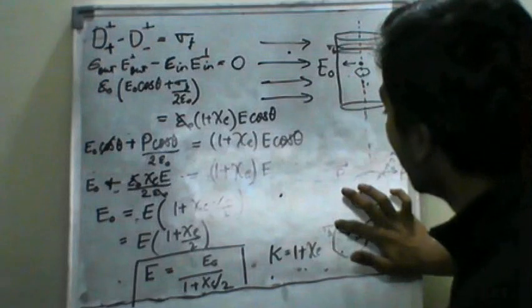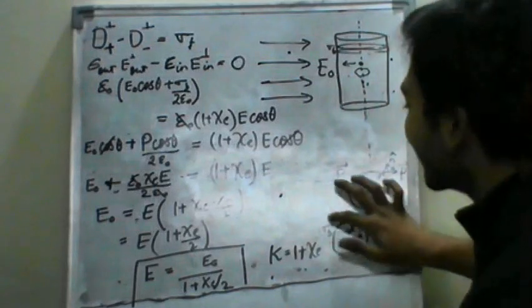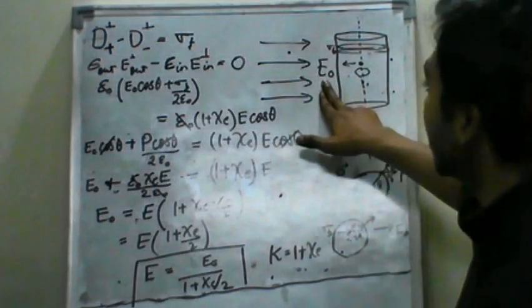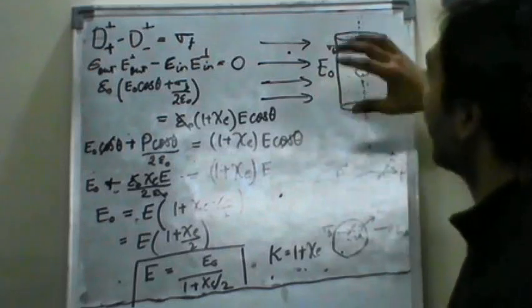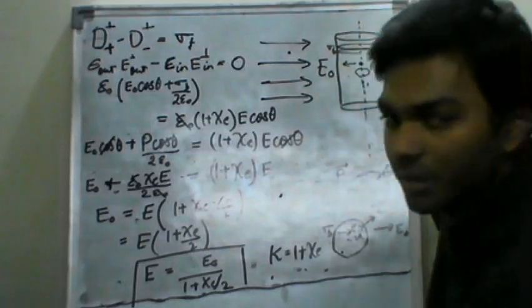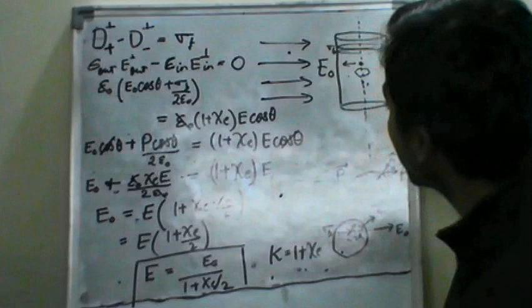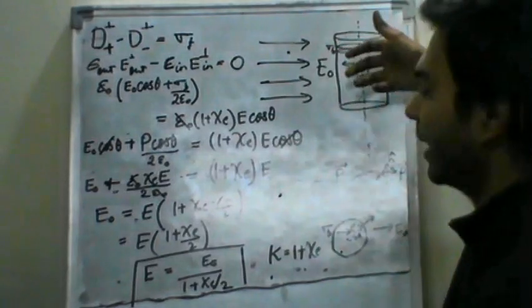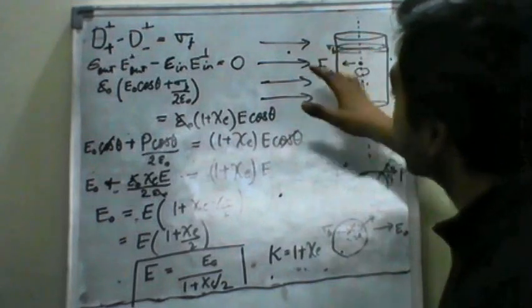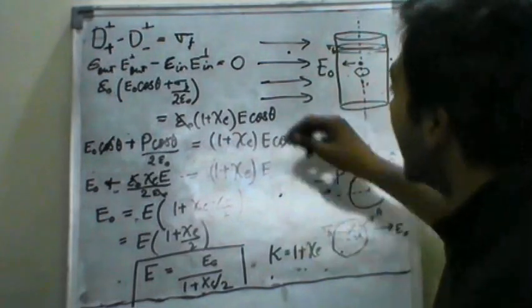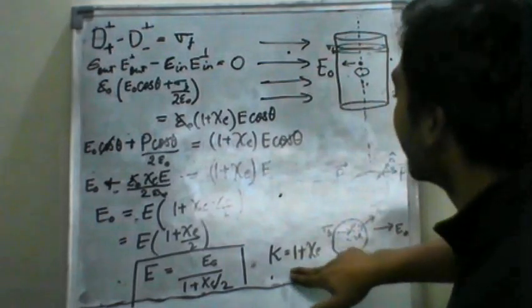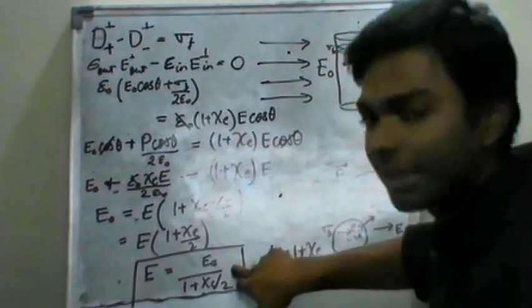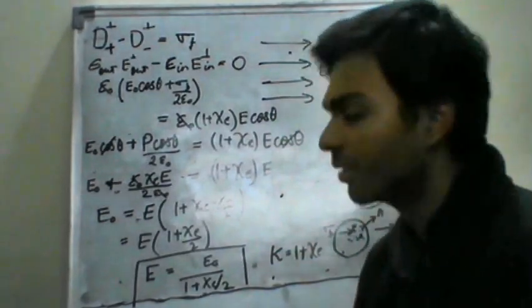Because the sigma which is induced here changes the electric field outside. E naught is the electric field before you put the dielectric. That is not the same as the external field with the dielectric. If you calculate the external field with the dielectric and then divide that by 1 plus Xe, you will get this answer. That part is correct.